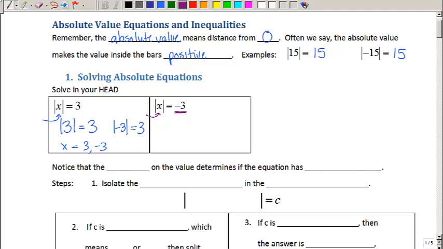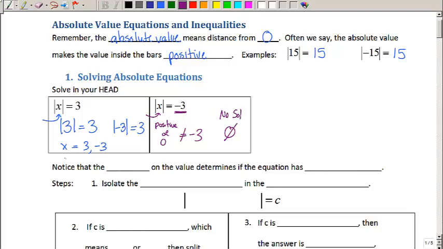There is no such number. Whenever you take the absolute value, you either get something positive or you get 0. So something positive or 0 is never going to equal negative 3. So the solution to this problem is no solution.